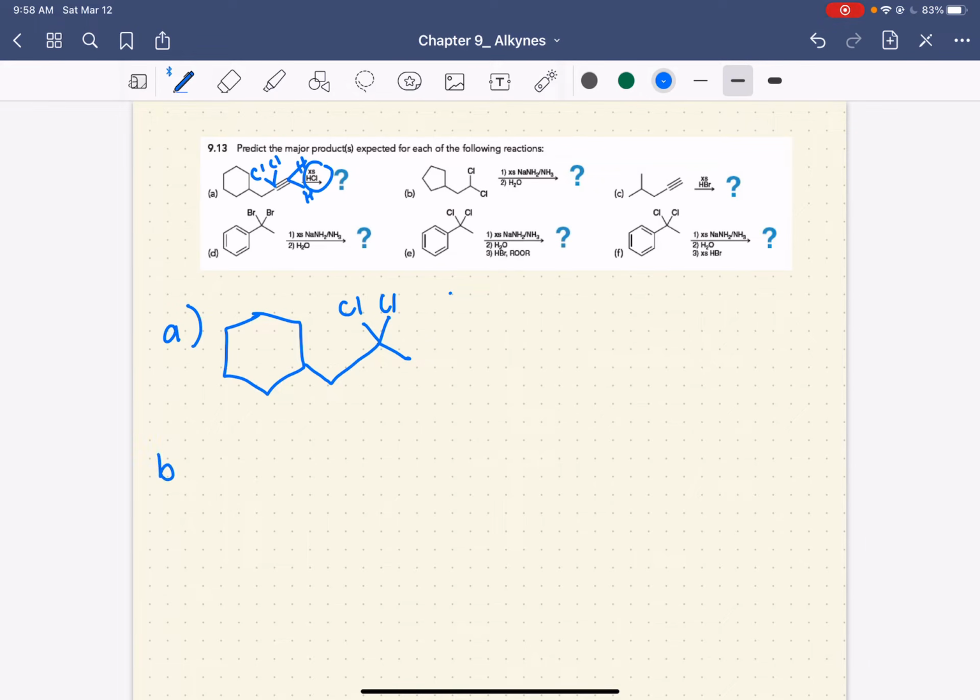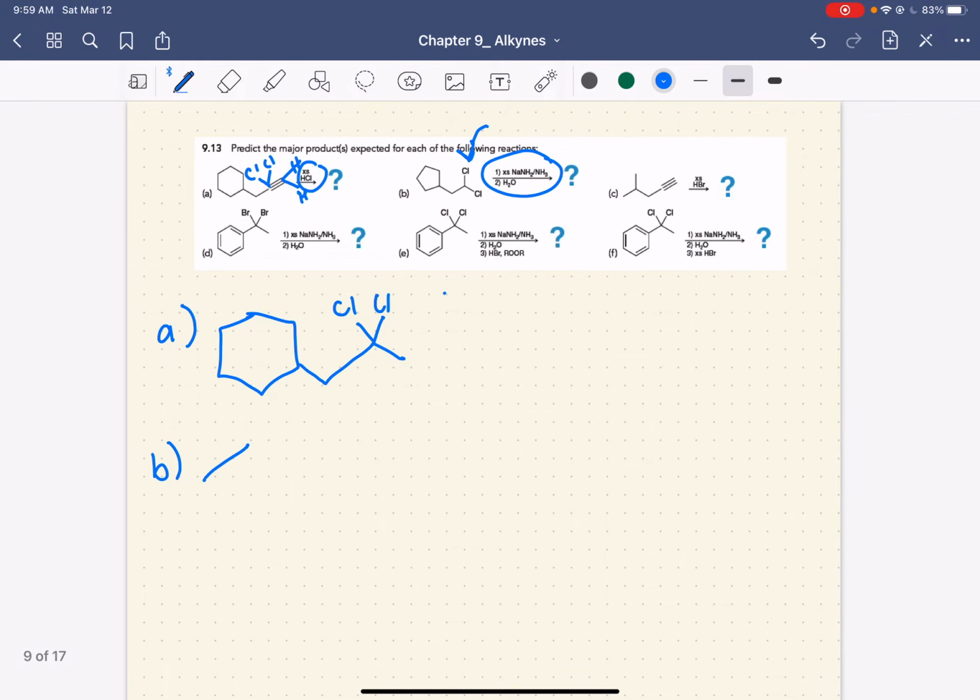Let's go ahead and do B now. For B, the starting material is what? A geminal dihalide, and we're treating it with excess sodium amide, with a water workup. This is our alkyne preparation. We're trying to prepare a triple bond because we have a dihalide and all the materials we need to take that dihalide and convert it into a triple bond.